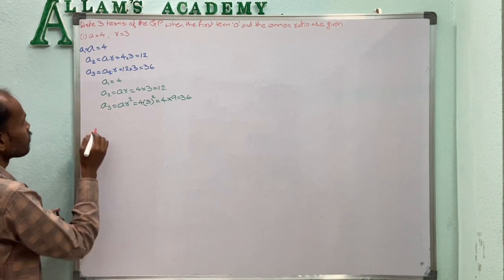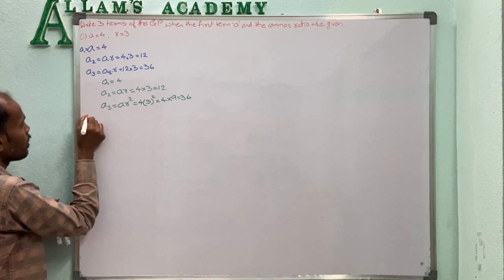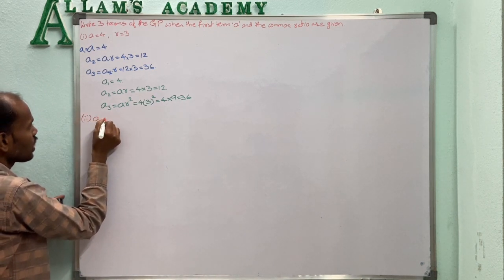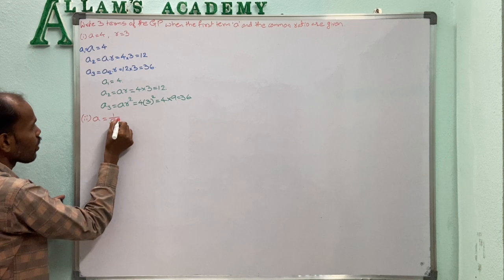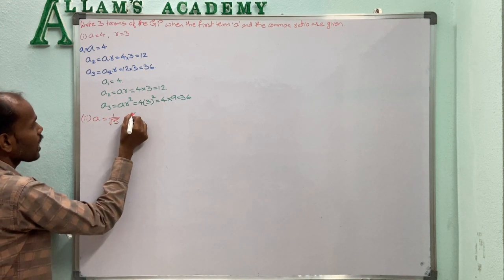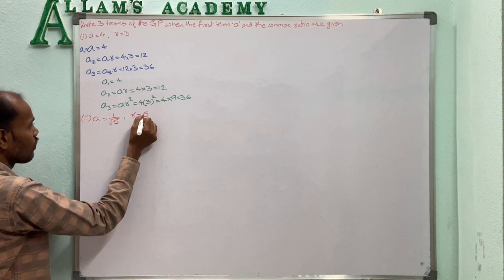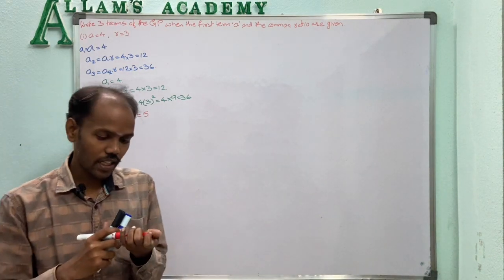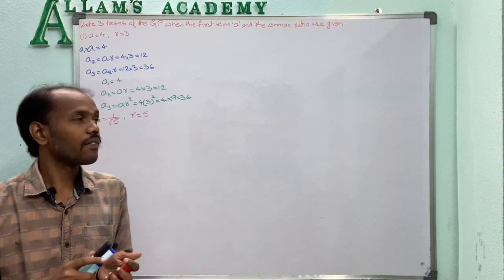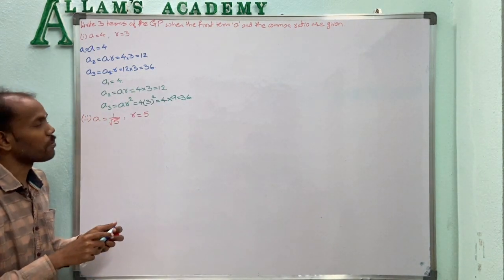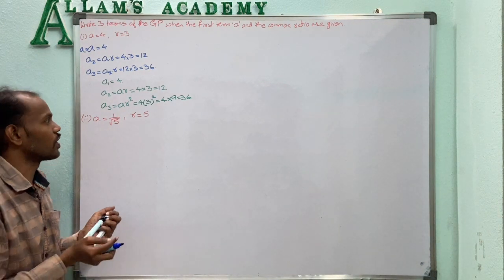Now the second problem is given as first term a equal to 1 by root 5 and the common ratio r is equal to 5. So the first term a1 is 1 by root 5 and the common ratio is 5.